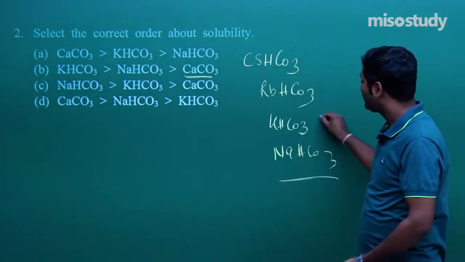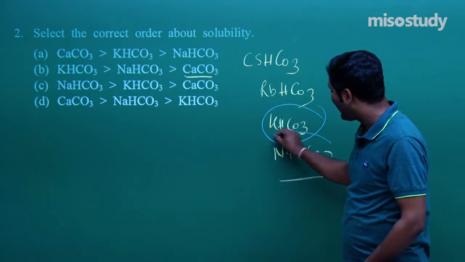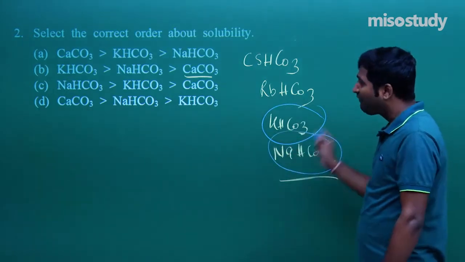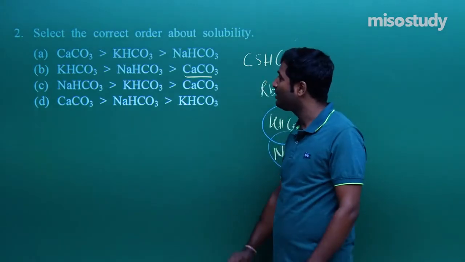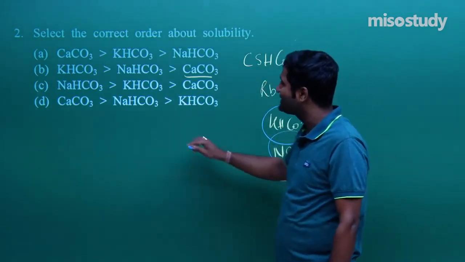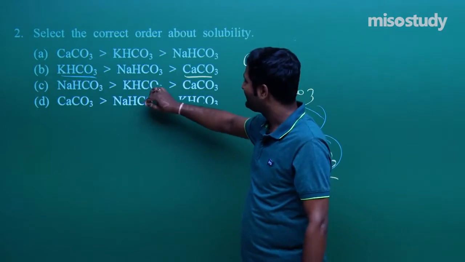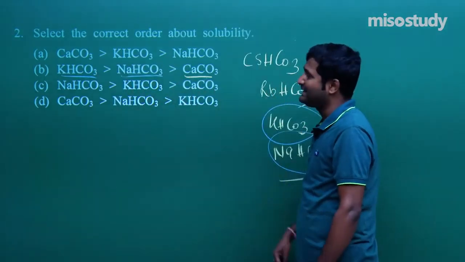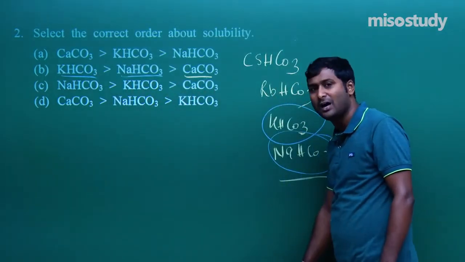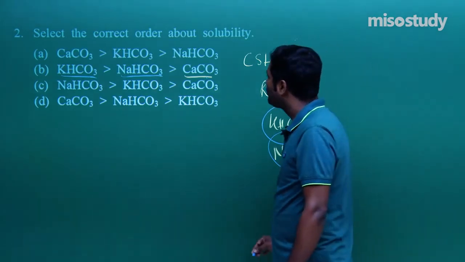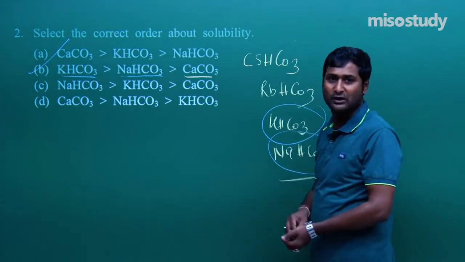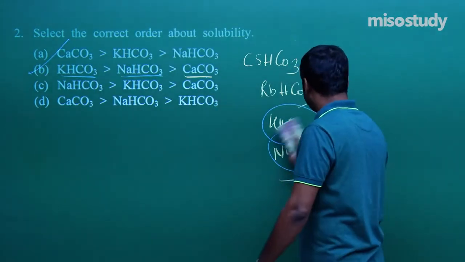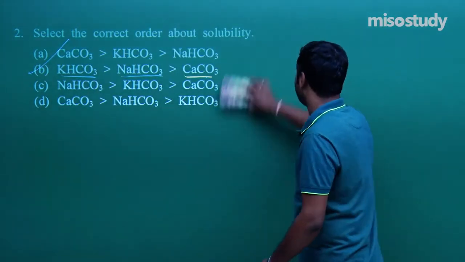So the order is, first comes KHCO3, then comes NaHCO3, and finally there comes calcium carbonate. Check out, first one is KHCO3, then NaHCO3, then CaCO3. This is the order of solubility. So which one is the correct option? B is the correct option. Clear, friend?